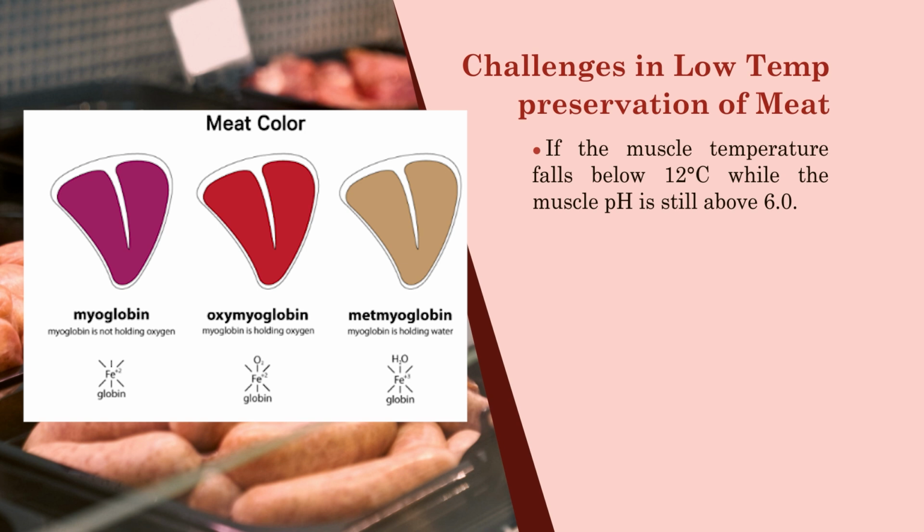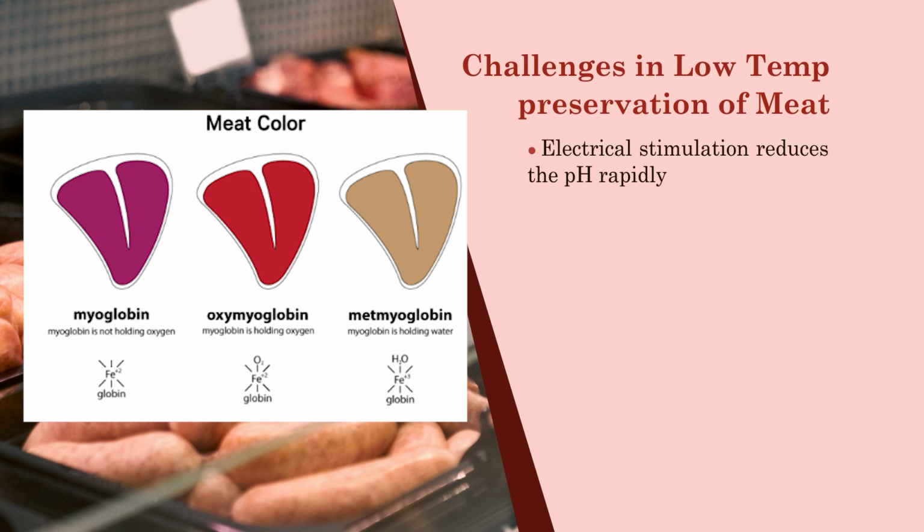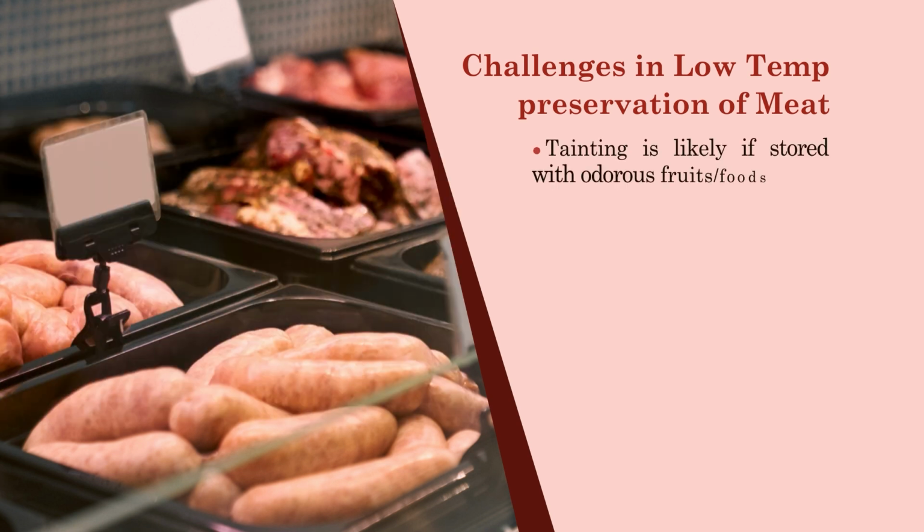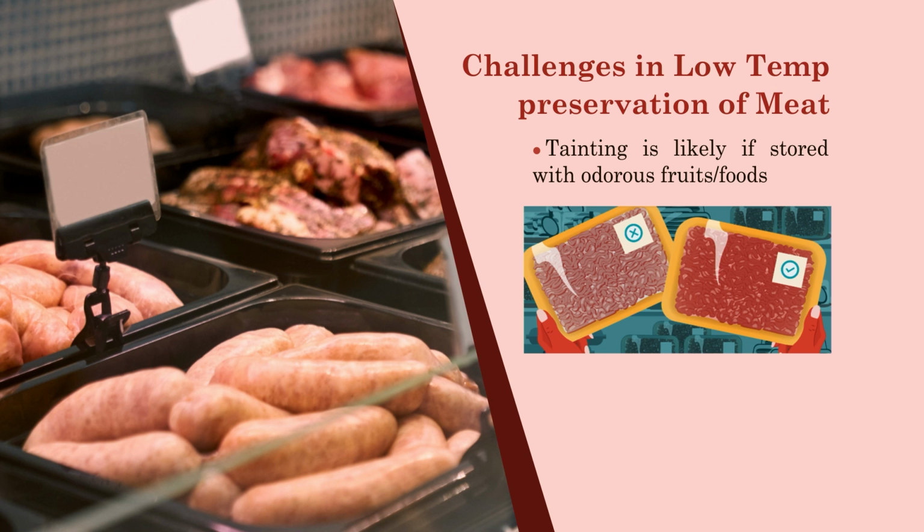To prevent this, what is important is giving an electrical stimulation to reduce the pH rapidly, hasten the onset of rigor, and thereby minimize the incidence of cold shortening. Tainting is the taking up of odors if meat is not properly stored or is stored with other meats or odorous fruits or vegetables.